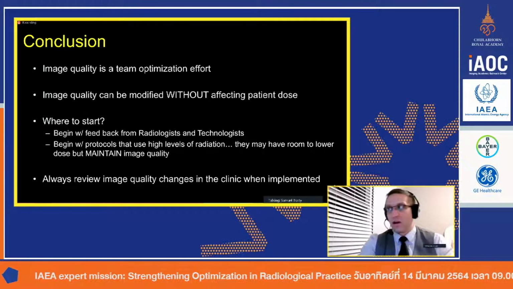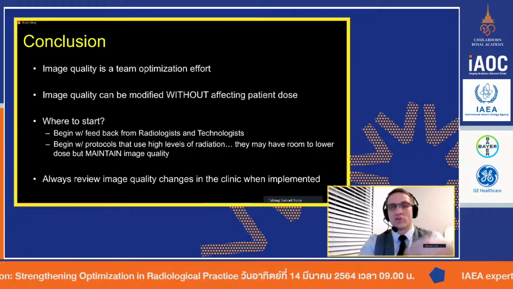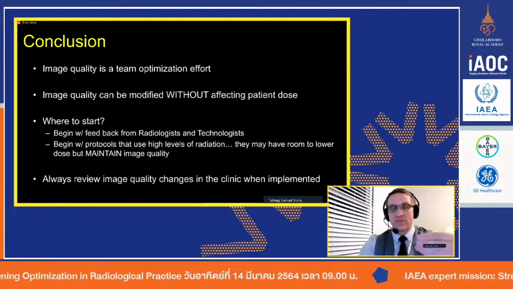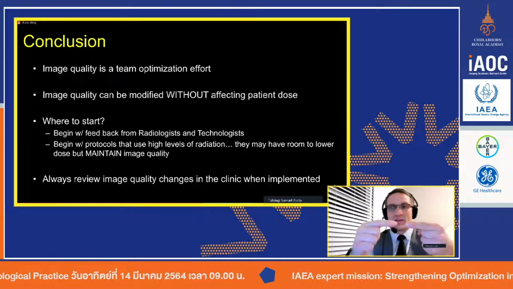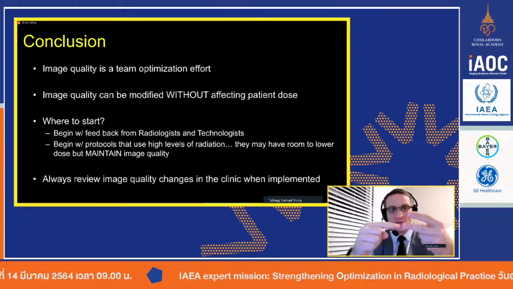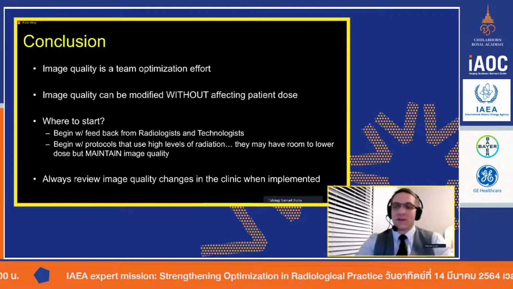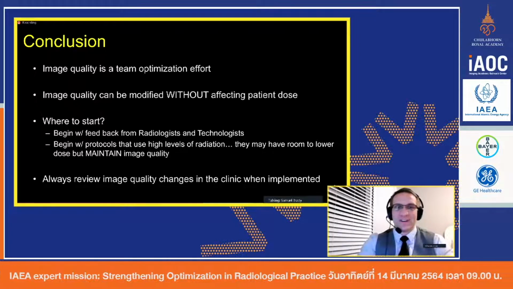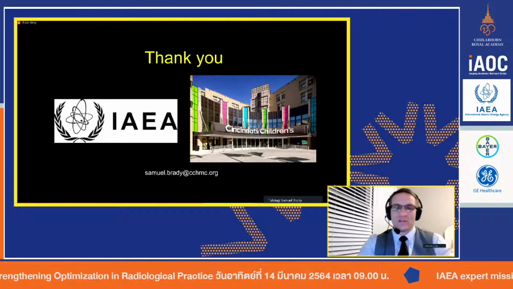And then, as I just said, we need a way to review the changes to image quality after we've made them, either using a reader observer study, either a mathematical reader observer, or at a minimum, that quote unquote radiologist champion who will look over the shoulder of the technologists and make sure those images look good as they come across.